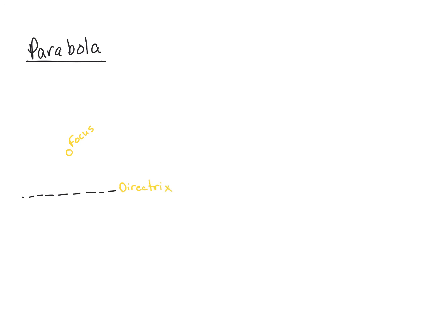If you have an equation that is the collection of all points that are equally distant from a fixed point, the focus, and a line, the directrix, that point right there would be halfway, right? There's your vertex.